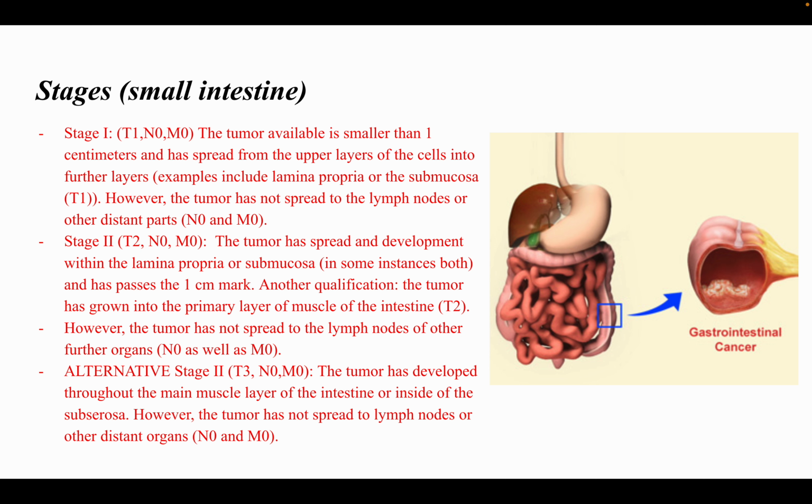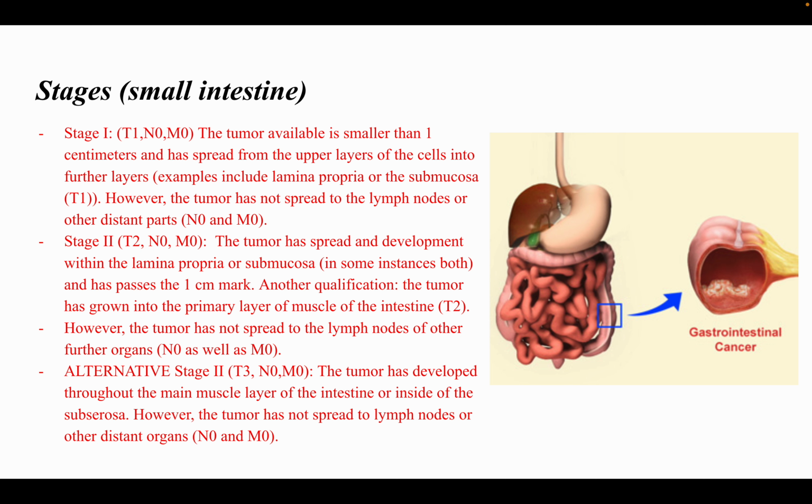Another qualification could be that the tumor has grown into the primary layer of muscle of the intestine, earning its classification as T2. However, the tumor has not spread to the lymph nodes or other further organs, earning its classification as N0 as well as M0.